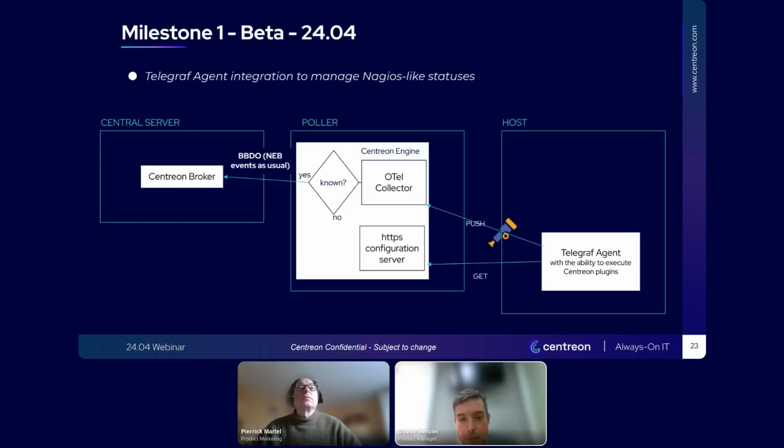I'm not going to explain our whole roadmap, but let's talk about our first two milestones. The first one, which is part of this new release 2404, is an integration of an existing agent, which is called Telegraf, that you may already know. It has two very interesting features for us.